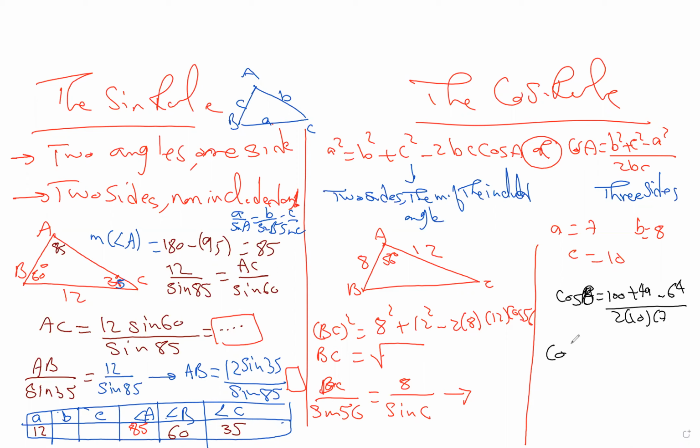Then cosine B equals a number. To find the measure of angle B, you will use shift cosine, or cosine to the power of -1, of this answer. Okay, everything is clear.